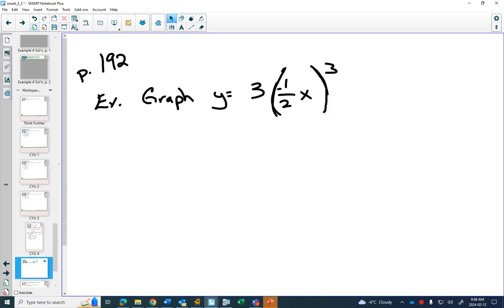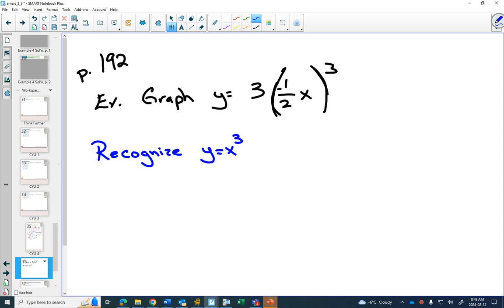So first of all, in a question like this, we need to recognize the parent graph is x cubed.